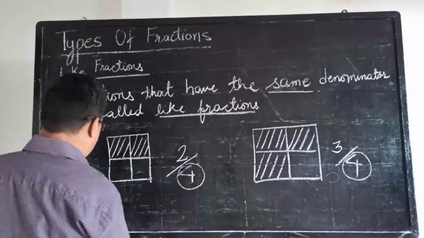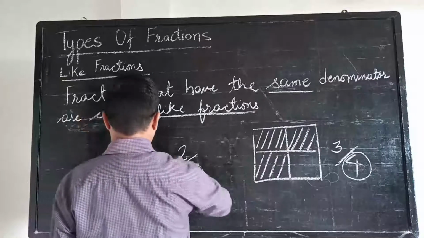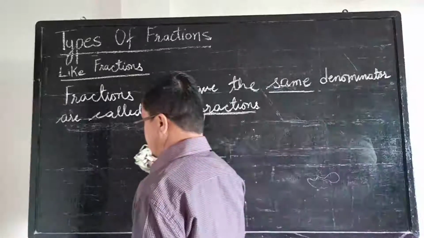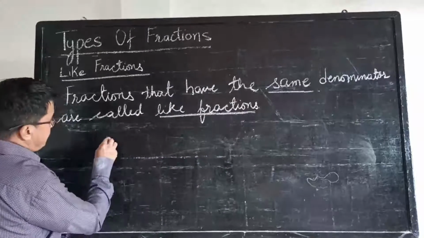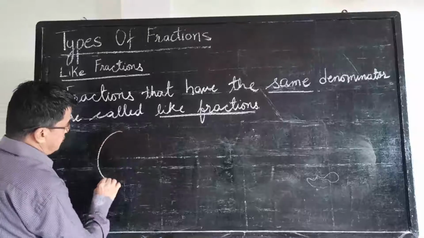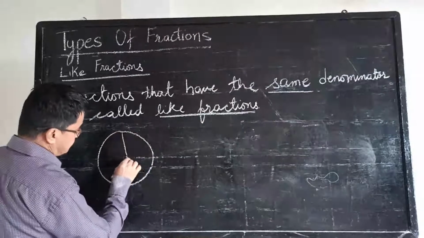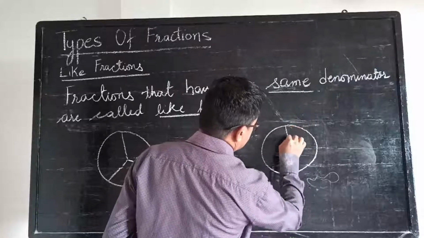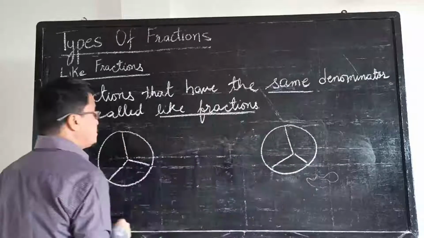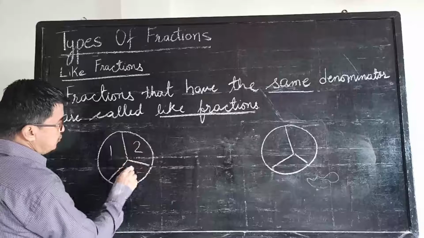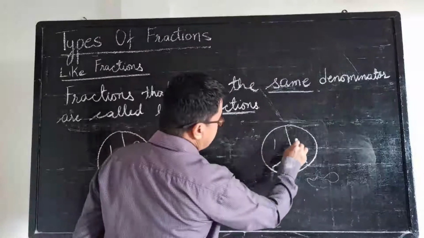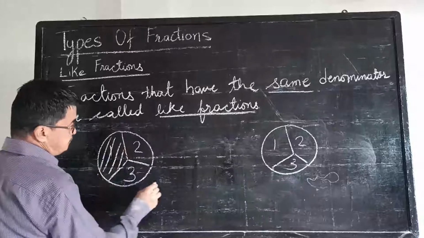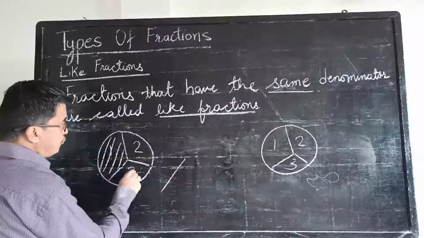Now we will take another example here. This circle is divided into how many parts? 1, 2, 3. Here also 1, 2, 3. Now here, altogether how many parts are there? 3.